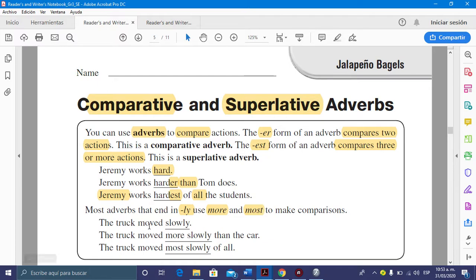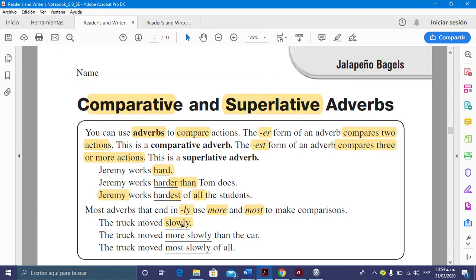The truck moved slowly. This is my adverb, okay? How do I know that this is an adverb? Because it has L and it has Y. So how do I form comparative?